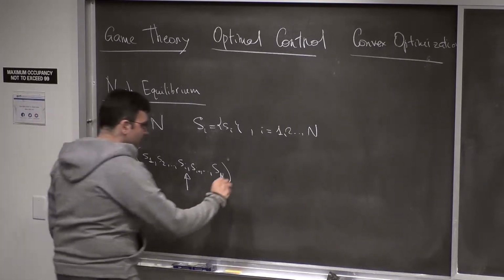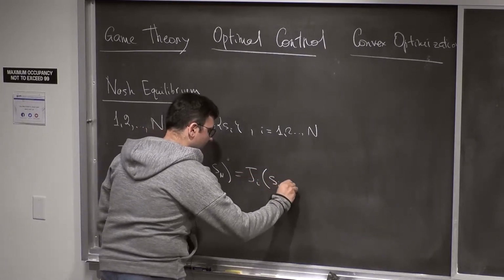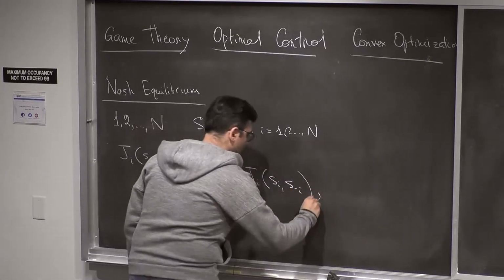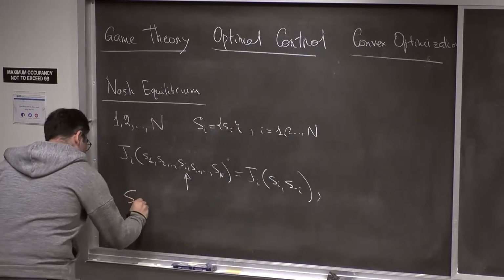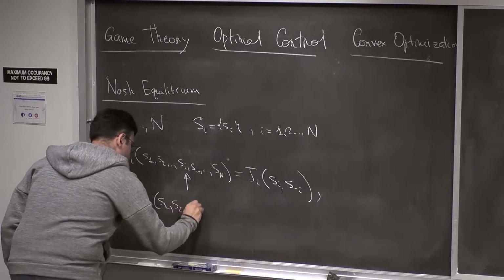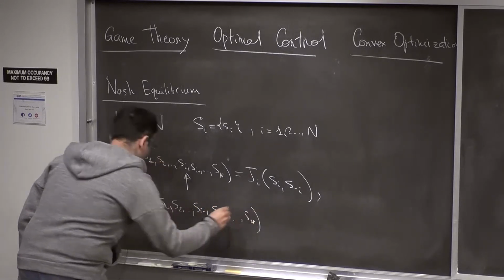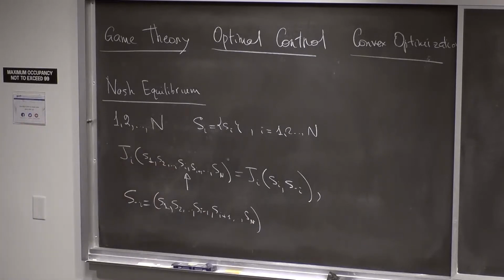Let's use a shorthand notation for that: s_{-i}, where s_{-i} are all the strategies of players except player i. So this is what the other players do.